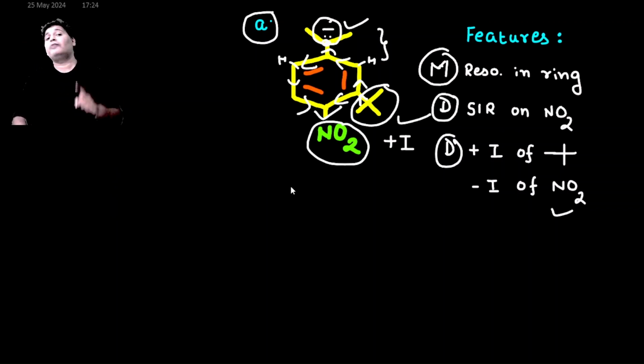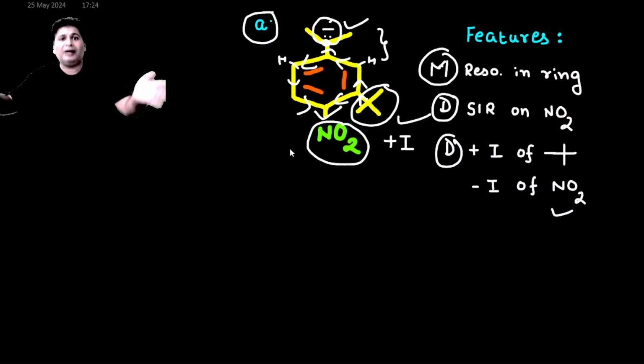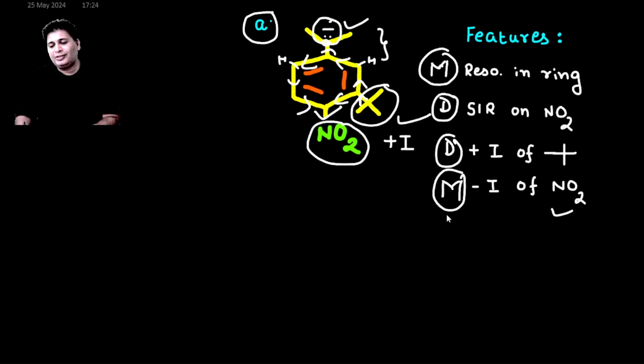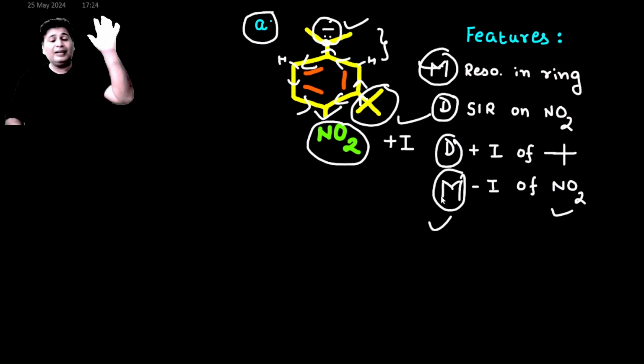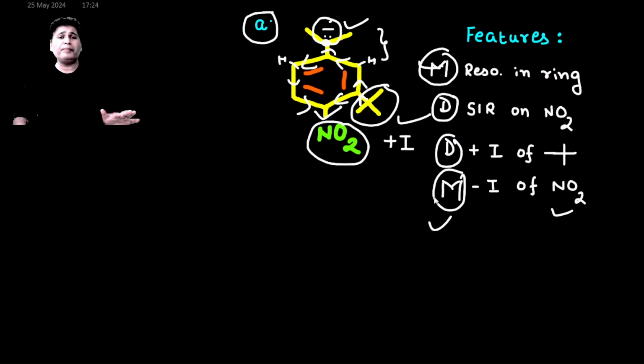So from the flood of electrons, you have to take away the electron, because then you spread the negative charge. So NO2 is doing a good job from the minus I side. So it's a merit. So it has 2 merits and 2 demerits, as you have seen. At the last of the topic, in the final slide, I will write all the merits and demerits, compare them, and get the final result.